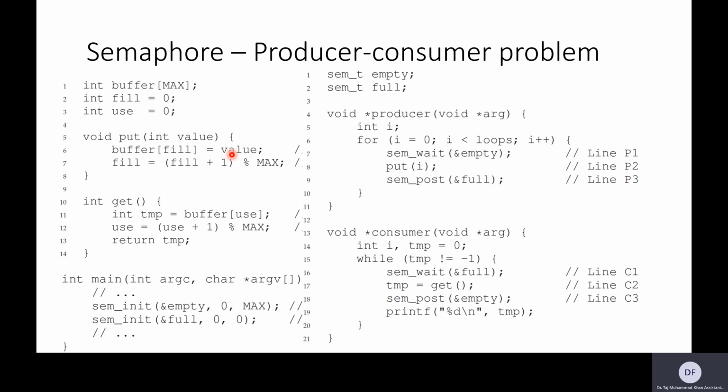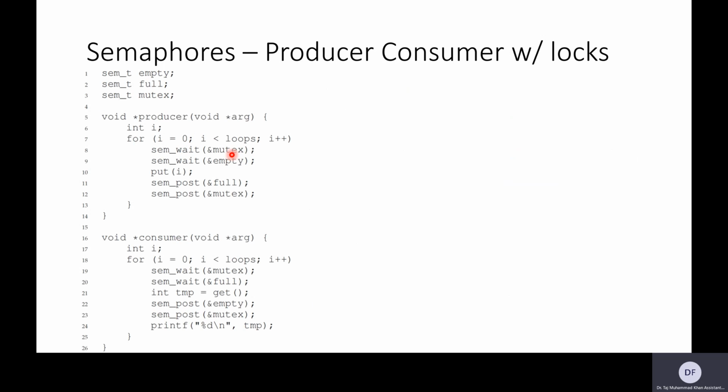So how can we make this implementation correct even for multiple producers and multiple consumers? Again, the basic principle is that we have to somehow implement mutual exclusion when multiple producers access this critical section. So how can we do that? Again, for mutual exclusion, we need a lock. So we can put a lock in the program, and here it is, the implementation with the lock.